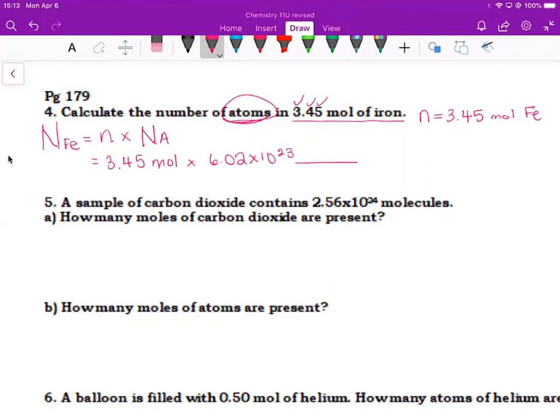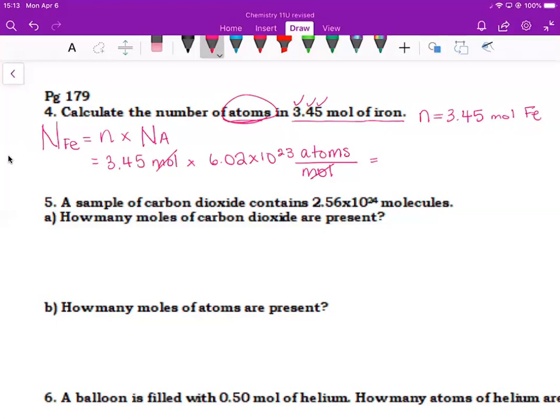Again, Avogadro's constant depends on what unit is being given to us. The unit that has been given to us, 3.45 moles of iron, is atoms, so I can cross these two out. When I multiply 3.45 times 6.02 times 10 to the 23, I get 2.0769 times 10 to the 24.